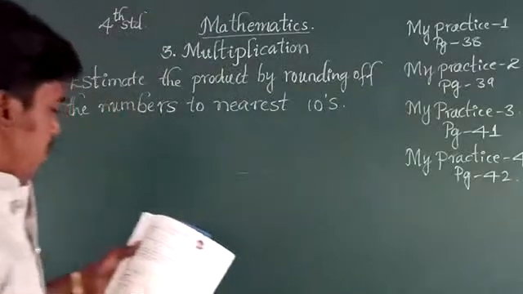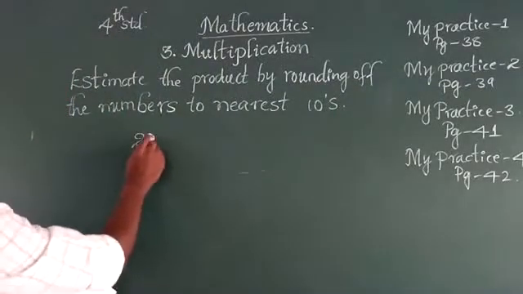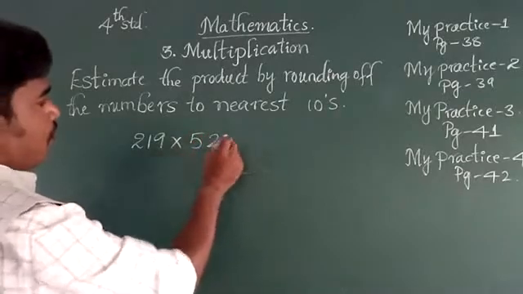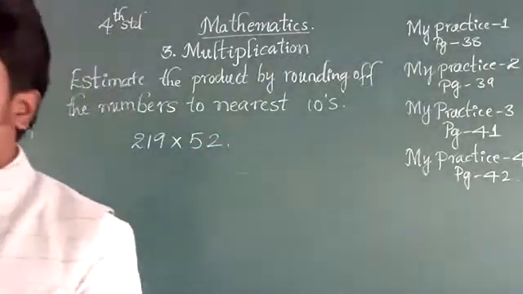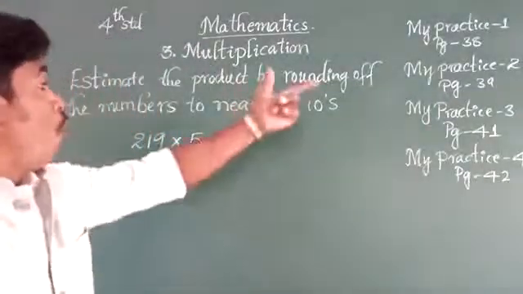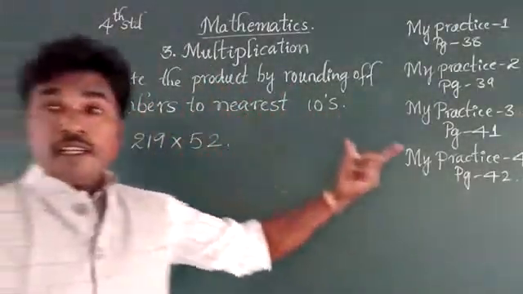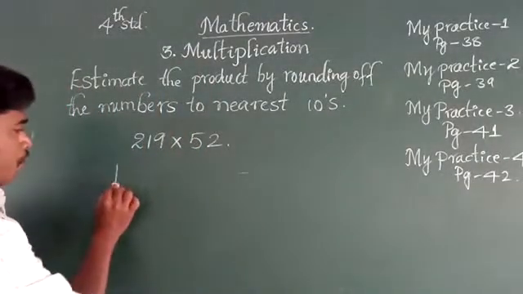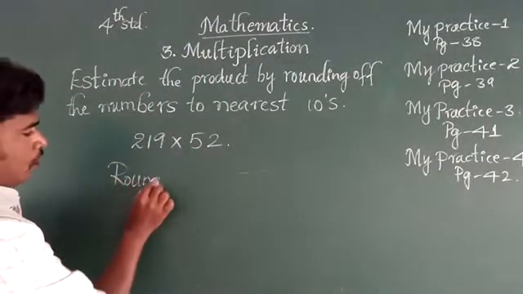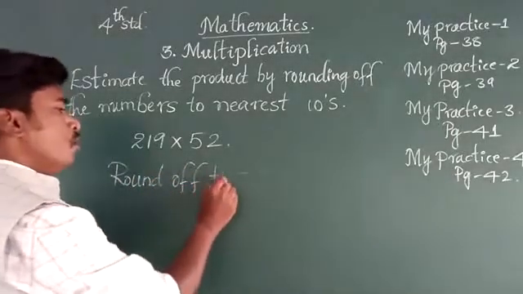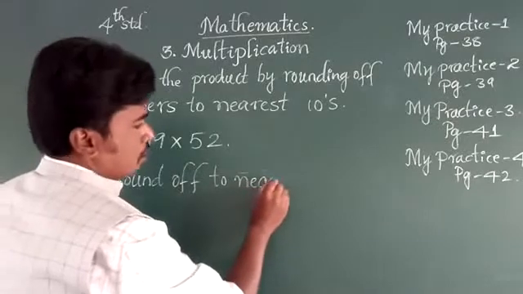So the question is 219 into 52. So you are just finding the product by estimating or rounding off the numbers to nearest tens. So first you round off to nearest 10.